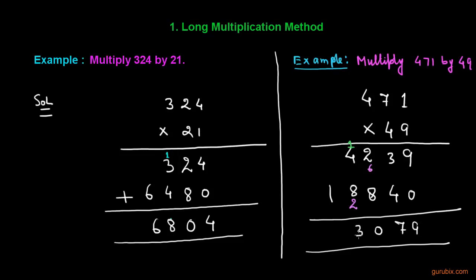We shall write 3 here and carry 1 here. 1 plus 1 is 2. So this is the solution of the multiplication of 471 and 49. So this is long multiplication method.